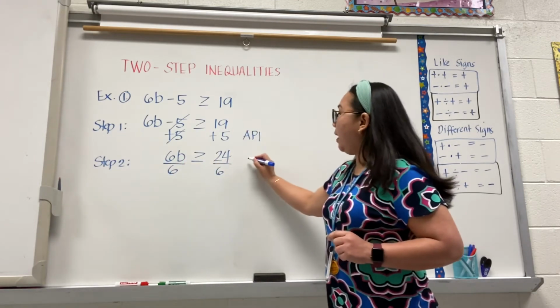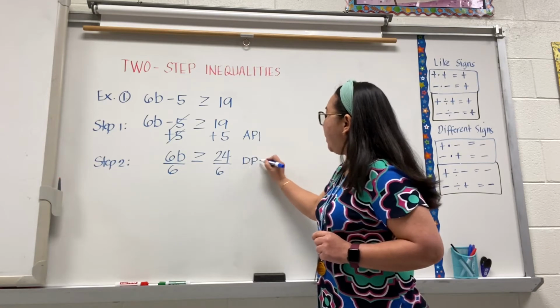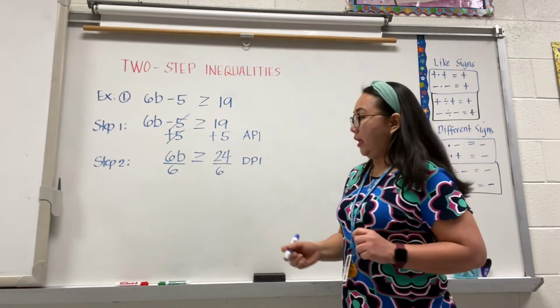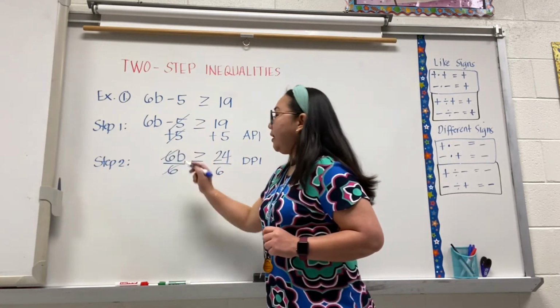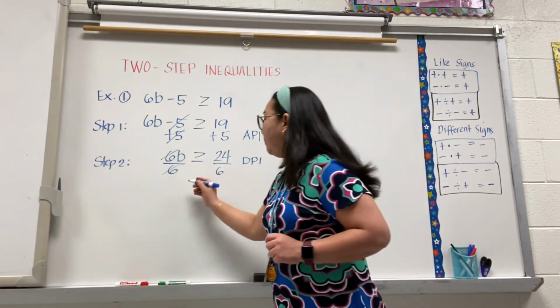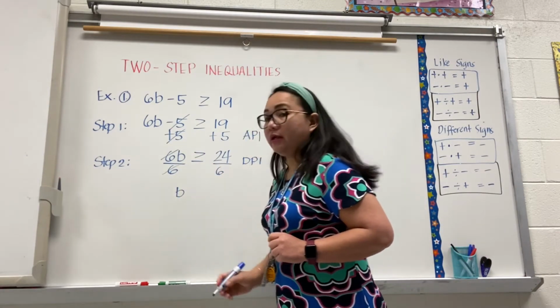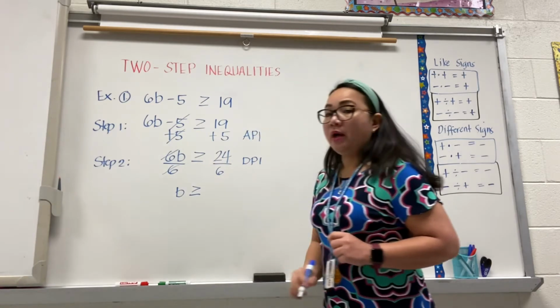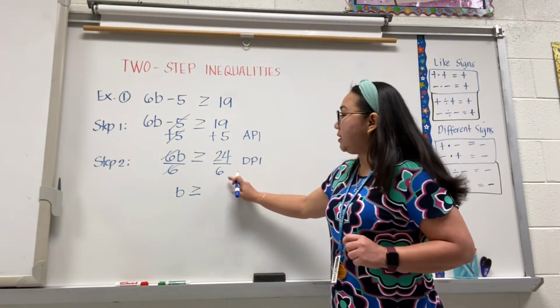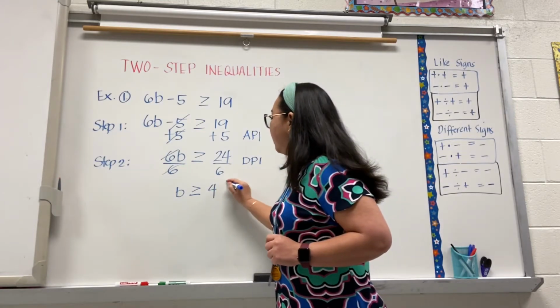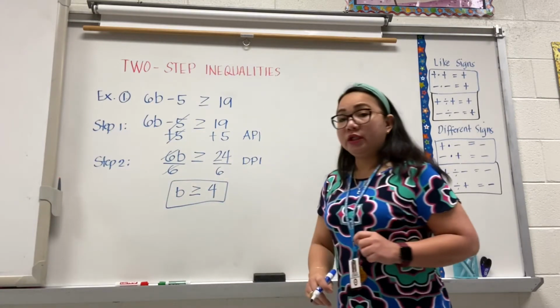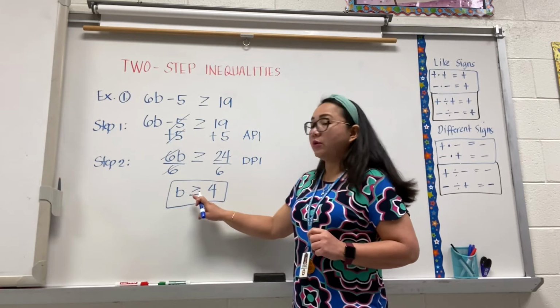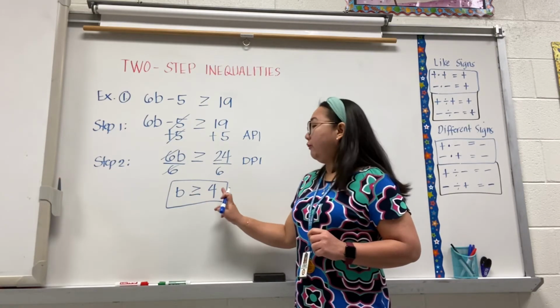Here we apply the division property of inequality, and we can cancel out 6. So b is by itself. The symbol is greater than or equal to. And 24 divided by 6 is 4. So the solution is b is greater than or equal to 4.